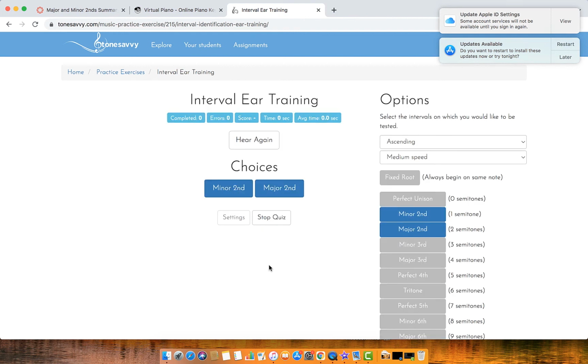Let's see. Can you hear that? Bottom, bottom, bottom, bottom, bottom. That was a minor second. Do you hear that? Can you sing smaller than that? Yes, I can sing smaller.